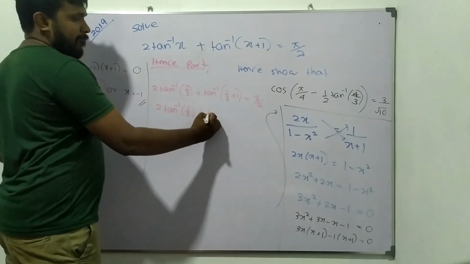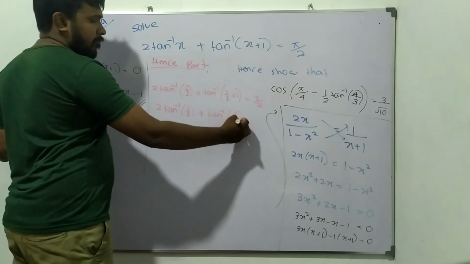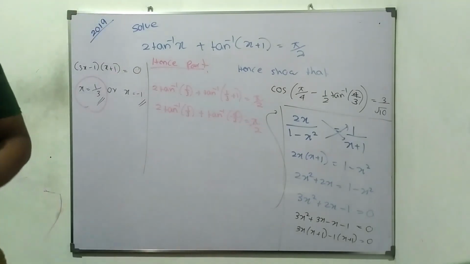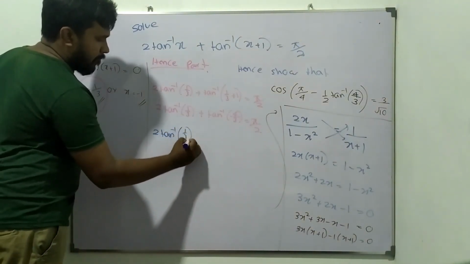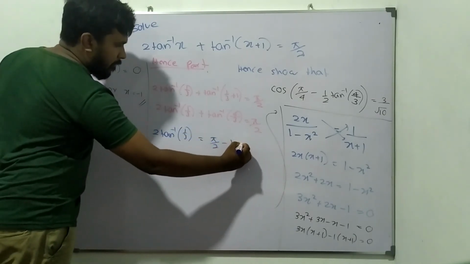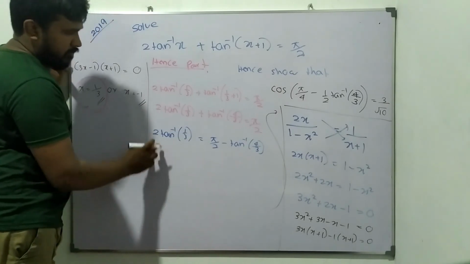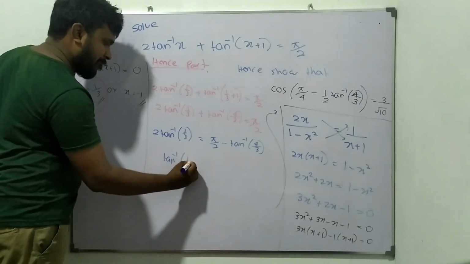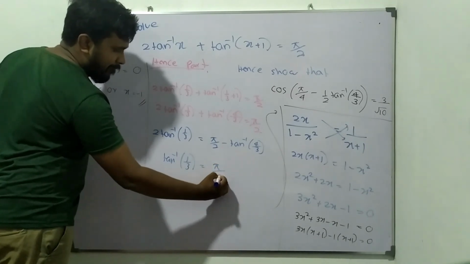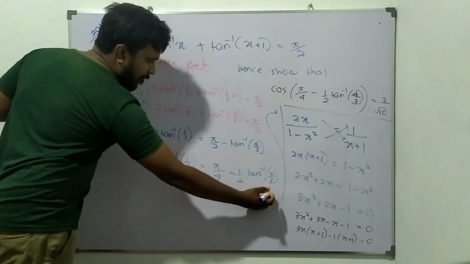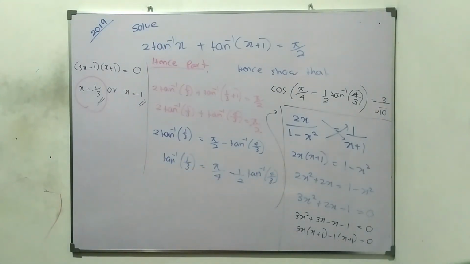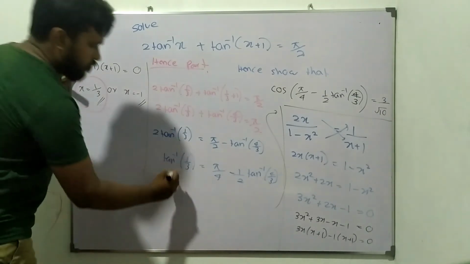Okay, I select only 1 over 3 and I'm going to substitute that 1 over 3 for x. Then 2 tan inverse 1 over 3 equal tan inverse 4 over 3. So then 2 tan inverse 1 over 3 equal 5 over 4 minus 1 over 2 tan inverse 4 over 3. Then 1 over 3 equal tan of this whole thing.